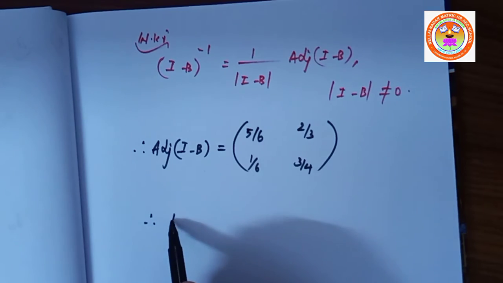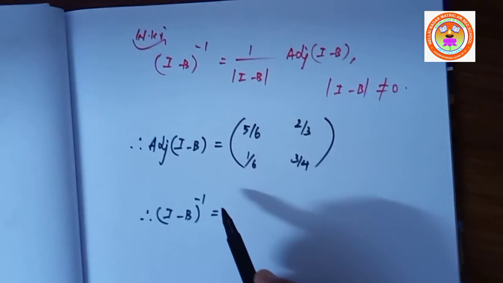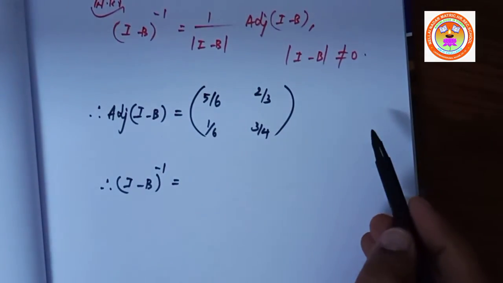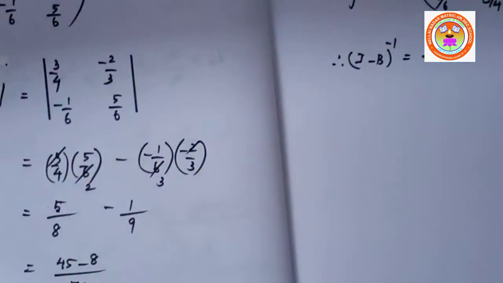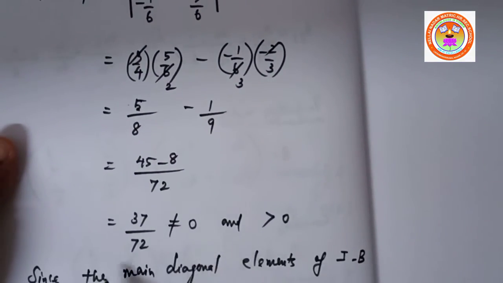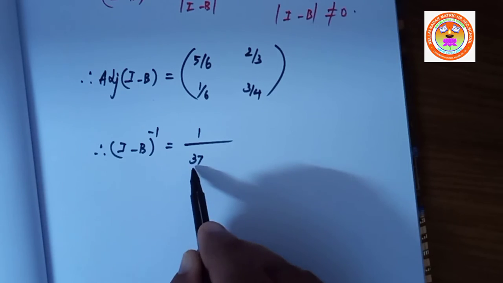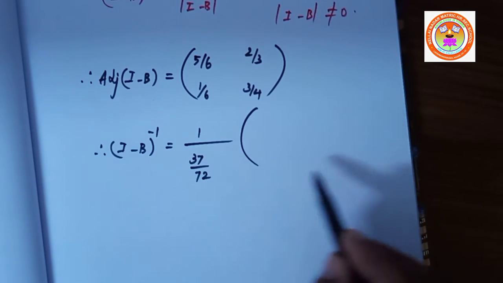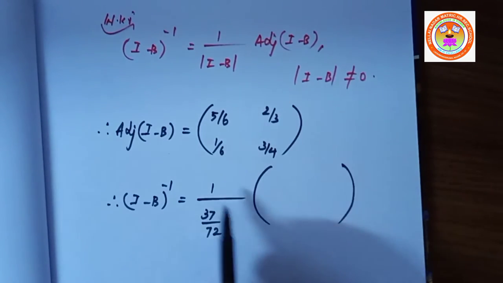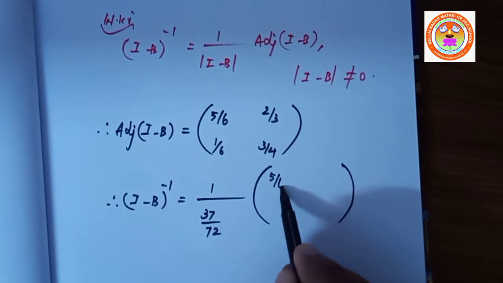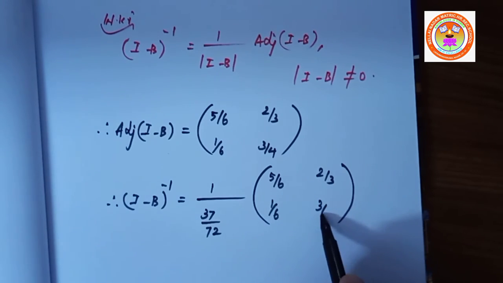Therefore, I minus B, the whole inverse, is 1 by determinant of I minus B, that is 37 divided by 72, into adjoint of I minus B, which is 5 by 6, 2 by 3, 1 by 6 and 3 by 4.